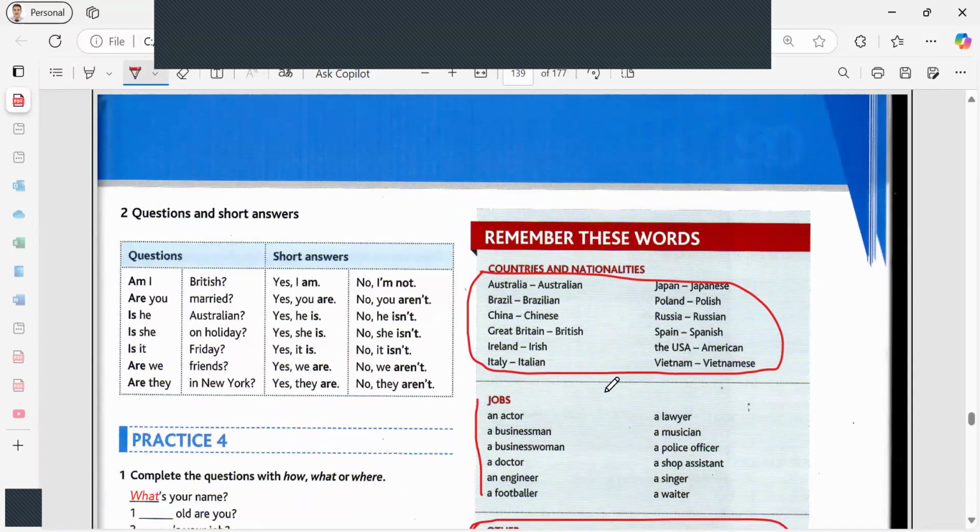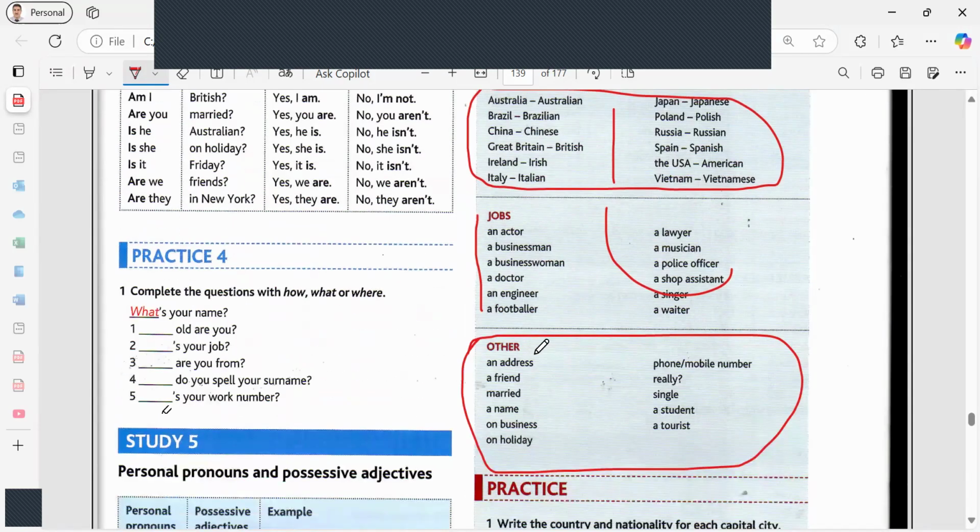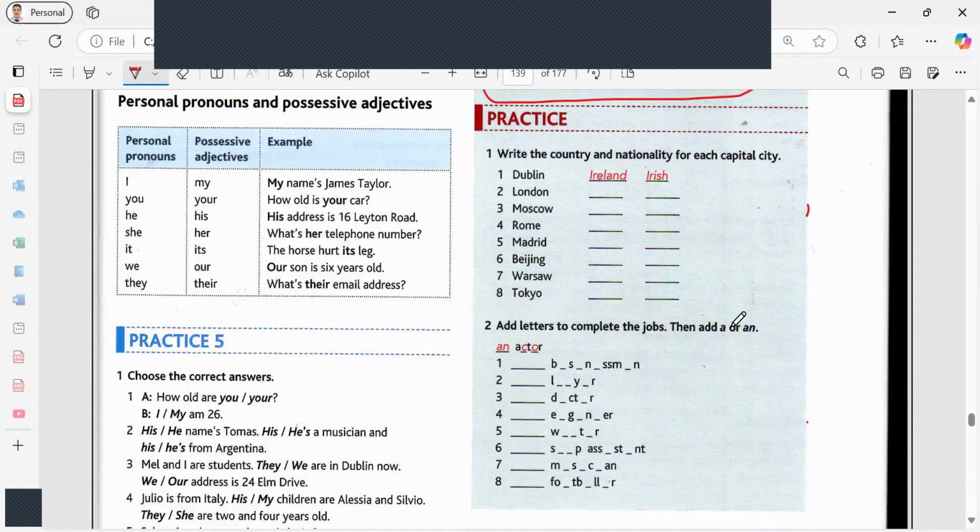But here jobs, only jobs. Here countries, nationalities, only countries, nationalities. But other means different vocabulary, not topic based. And here are sample questions for the vocabulary tasks.